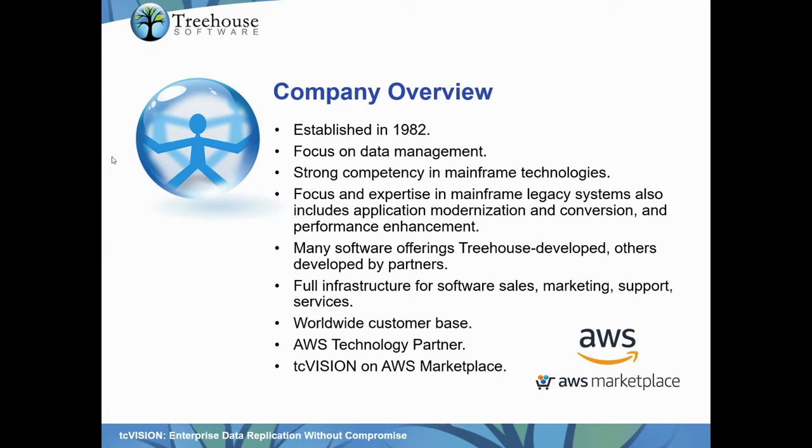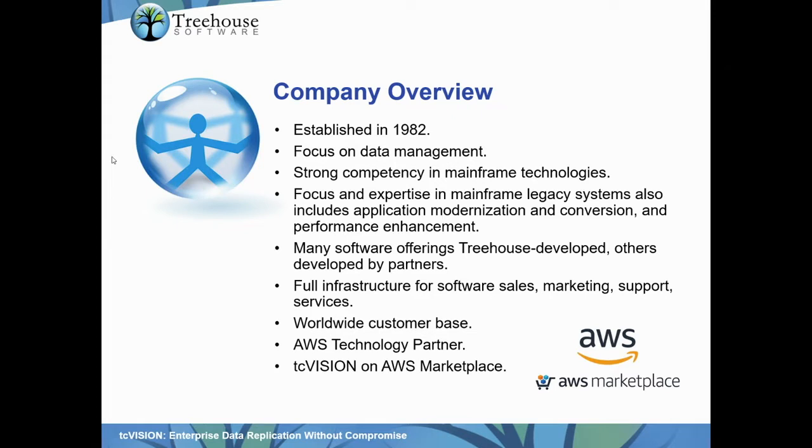I'm starting things off with a brief introduction to Treehouse Software. We've been a mainframe software and services company since 1982. And since the mid-1990s, Treehouse has become primarily involved in the mainframe migration space. In recent years, though, our focus has become more on the mainframe to cloud market with our tcVISION data replication product.